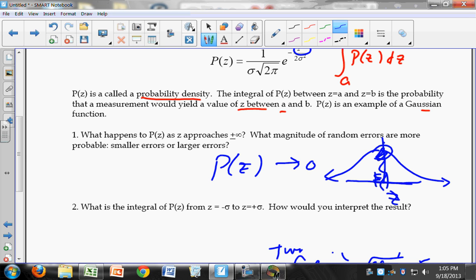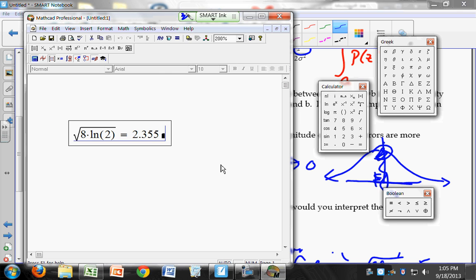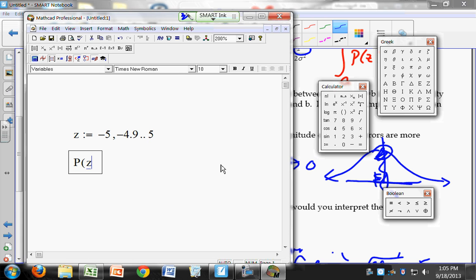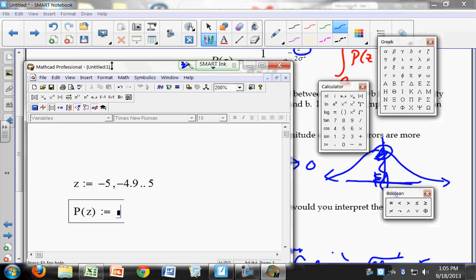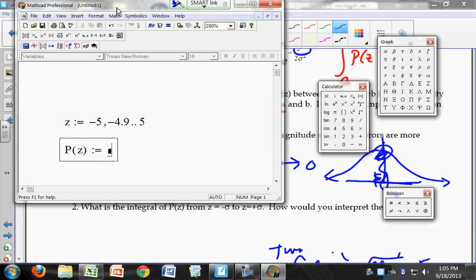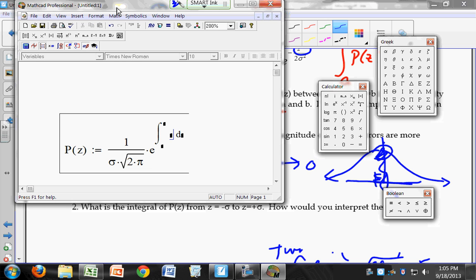68.3%, right? Let's do that in MathCAD. Okay, so I'm going to define z equals, let's just say, start from negative 5, negative 4.9, all the way to 5. And I'm going to define P of z equals, what was the formula? 1 over sigma times square root of 2 times pi times e raised to the power, what?